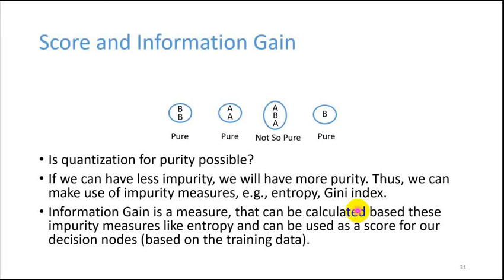So we have measures for impurity like entropy and Gini index. We can use them as our impurity measures, and finally we calculate the information gain based on these impurity measures.